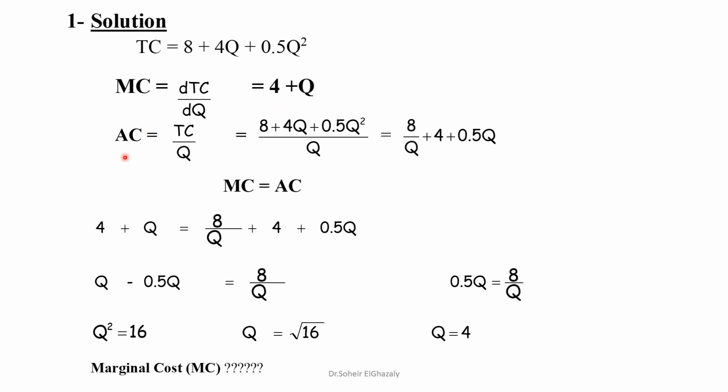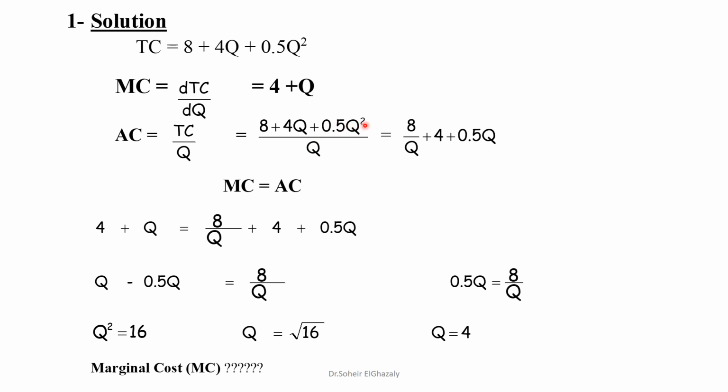Go to the average cost. What is the average cost? Total cost over quantity. This is the total cost, so I took everything here over quantity, over Q. 8 over Q is 8 over Q, plus 4 over Q. Q goes with Q, then we'll have 4 here, plus 0.5Q power 2 over Q. The 0.5 stays, nothing happens to it because there is a 1 here times this, it's the same.